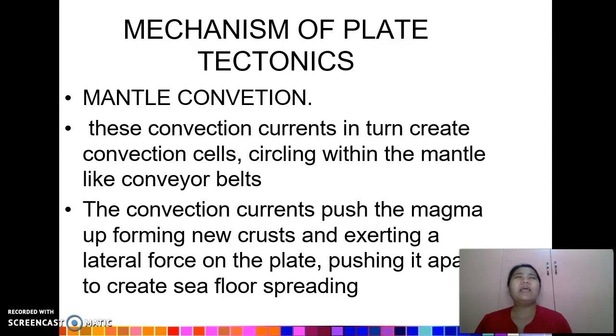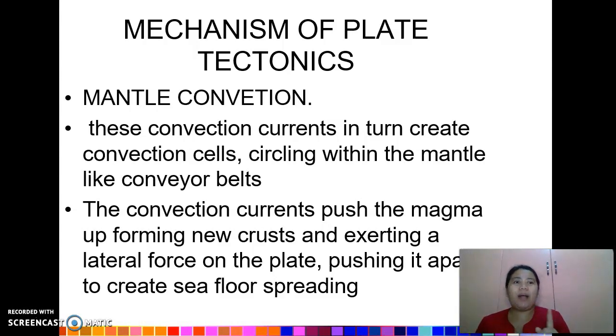But no, it's not. Since we have convection in the region of the subduction zone, there will be a collision. In this collision, on the subduction zone, the crust will go back and become part of the Earth's interior.